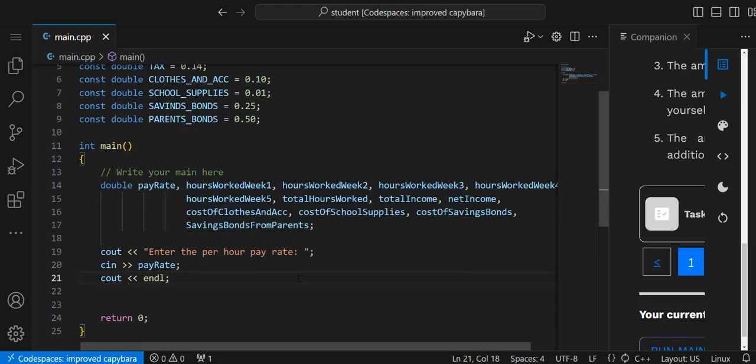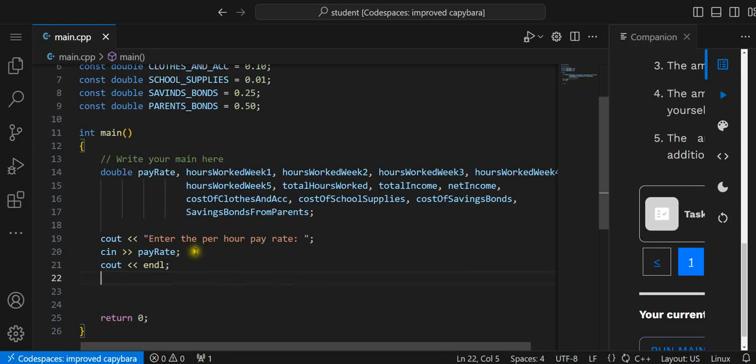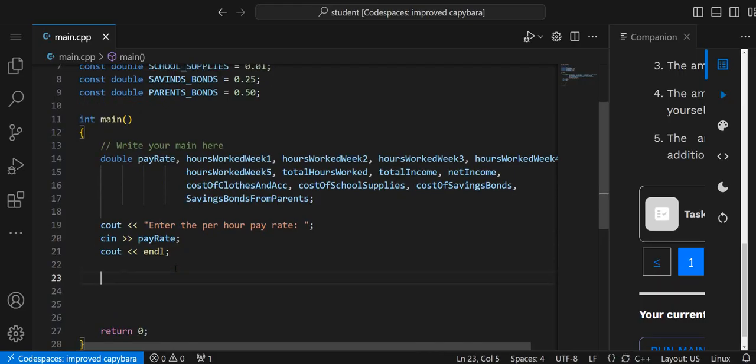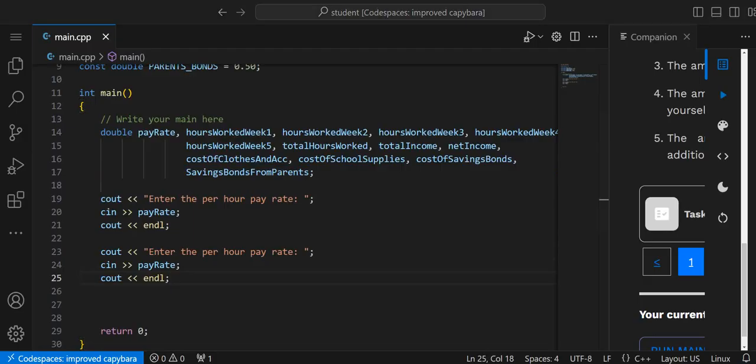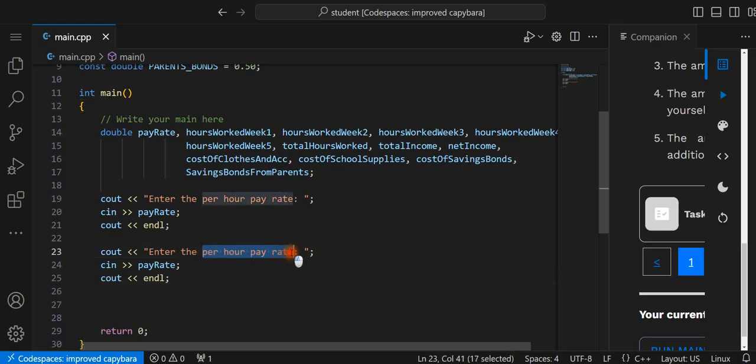All right. As promised, there's going to be some copy and pasting on this one, and we'll take it slow. All right. So next, we're going to go to enter the number of hours worked. Worked week 1.